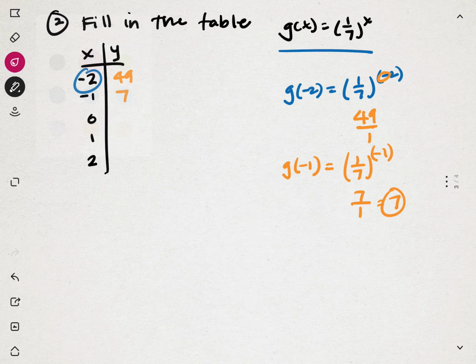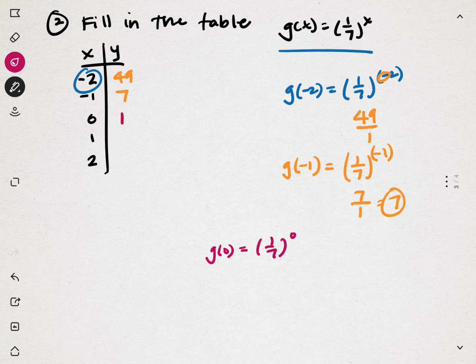Let's change colors here. Oh, this is 0 power, so g of 0. 1/7 to the 0 power. We just said from the other sheet that anything to the 0 power is 1. So the g of 0 is 1.